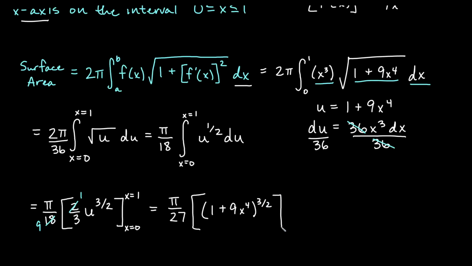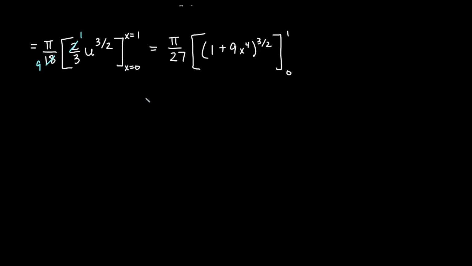And now that I'm in terms of x, I can simply write these as 0 and 1. Okay, let's do our plugging in. So we will get pi over 27. Plugging in 1, I would get 1 to the 4th, which would be 1. And 9 times that would be 9. So 1 plus 9 will give me 10 to the 3 halves.